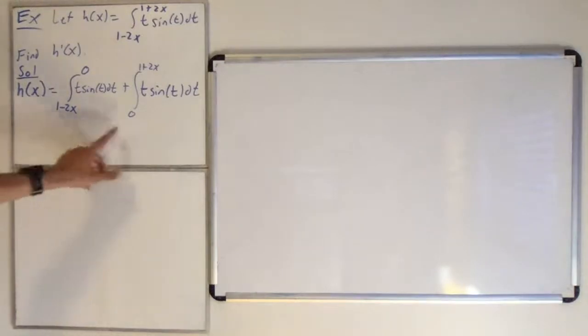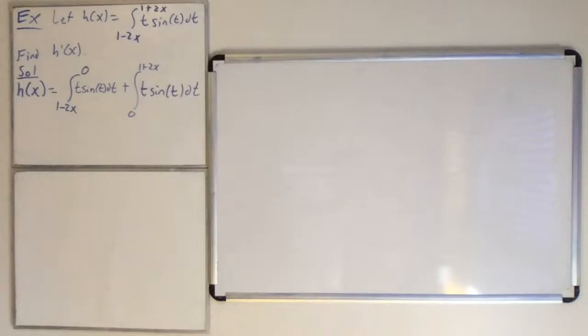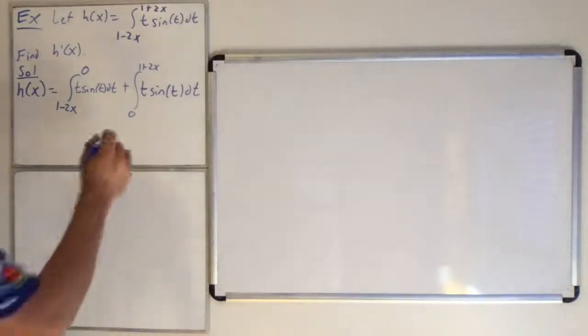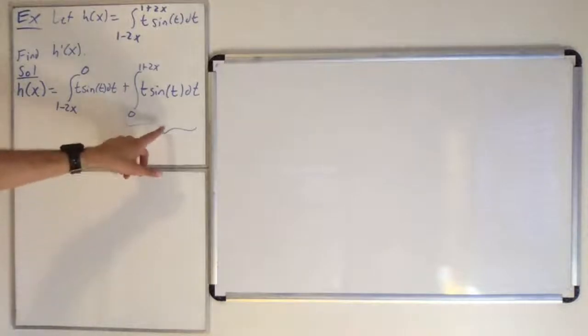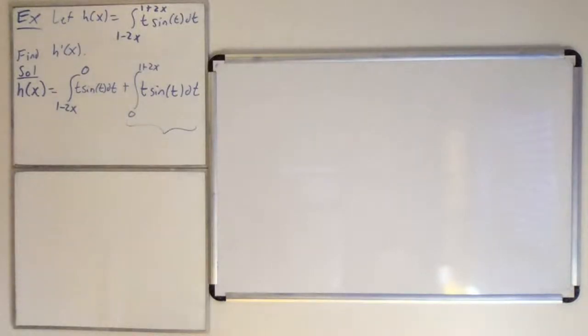All right, so this was one of the integral identities we stated yesterday. And this part here we could use the fundamental theorem of calculus part 1 on, because we have a constant on the bottom and we have a function up top, so we know how to take this derivative.